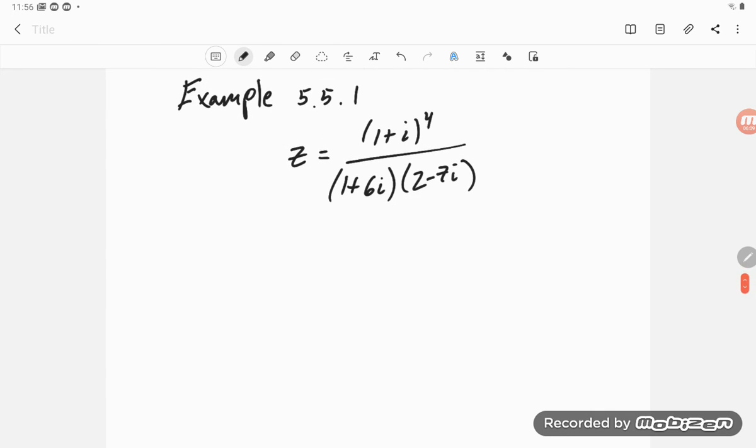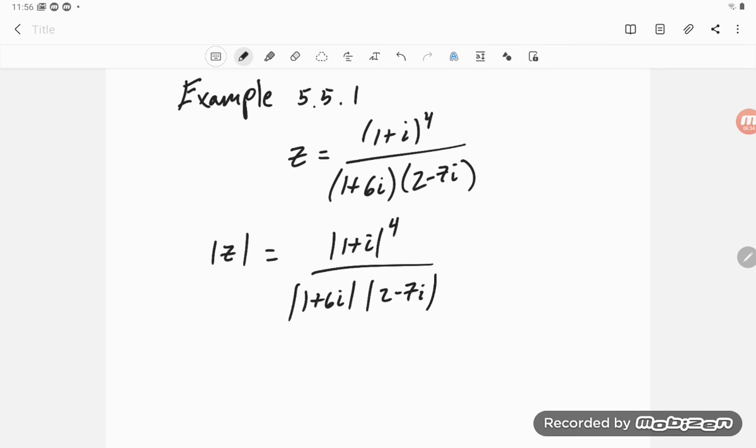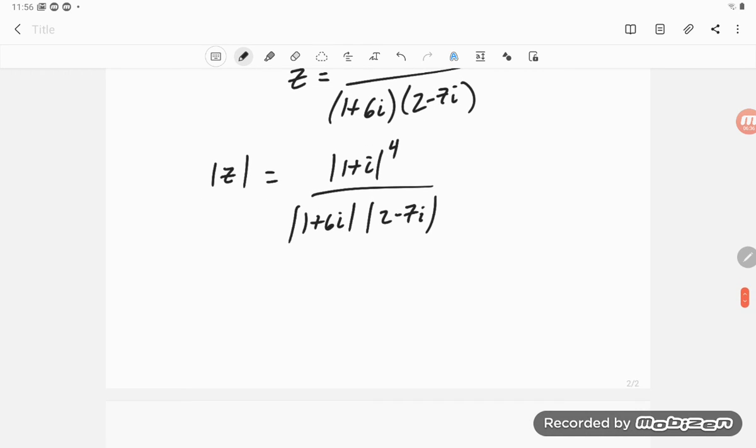And they say, hey, find its absolute value. And so the absolute value of z, well, I can immediately go to nicer things. I can say 1 plus i inside the absolute values to the 4th, and over 1 plus 6i, absolute values there, and absolute values of the 2 minus 7i. So I don't have to multiply all that stuff out to begin with.